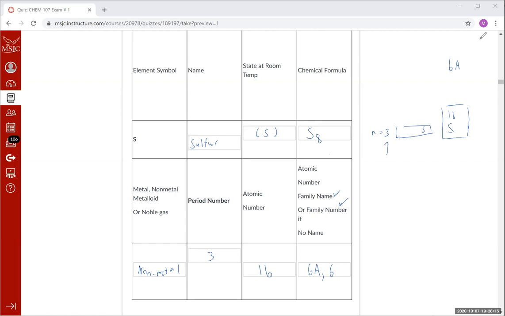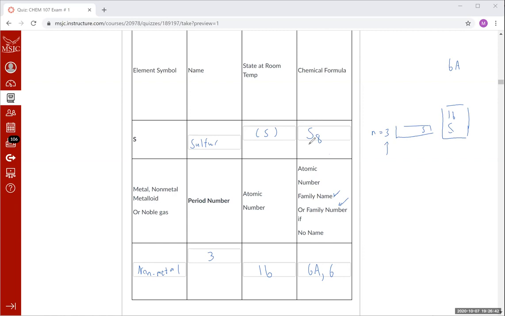If we don't memorize that it's S8, then how do we figure out the chemical formula? That you'd have to know. You could also try drawing a Lewis structure, but for the elements, that's part of why I went over these common chemical formulas, because we're going to be using these formulas in the chemical reactions chapter.